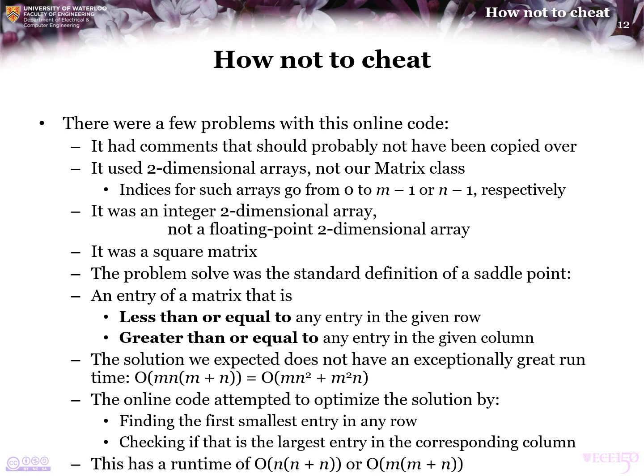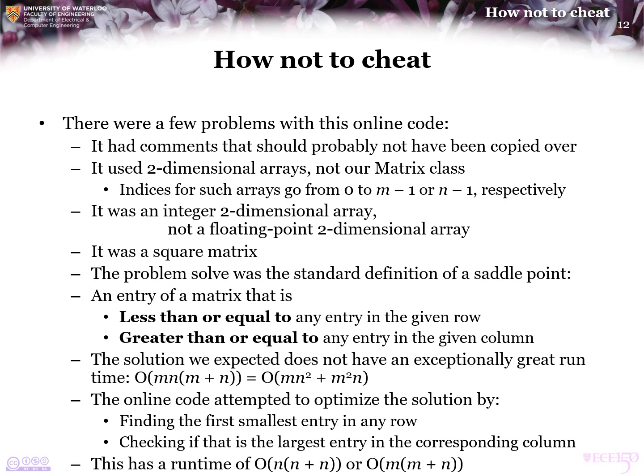This is a much more efficient runtime. So for a square matrix, the runtime is order n squared. However, for a non-square matrix, the runtime is order mn, which is still much more efficient than the default solution we were looking for.